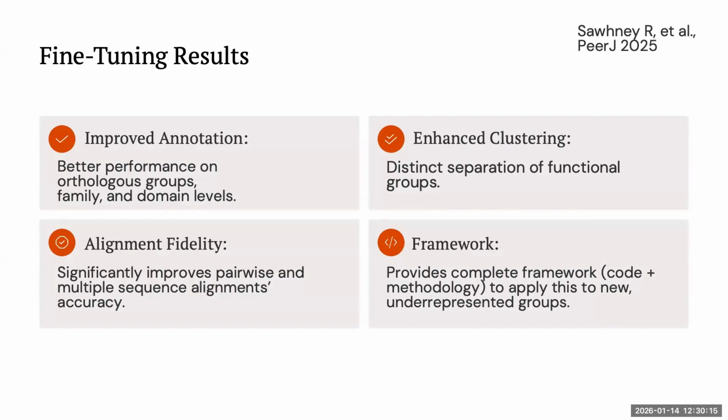Enhanced clustering: when we're clustering sequences, we're getting better results. I'm going to show you some of that a little bit later, but the clusters have very clear delineation and separation between them. The alignments that we're doing with soft alignments are even better when we fine-tune the models to better understand viral sequences.